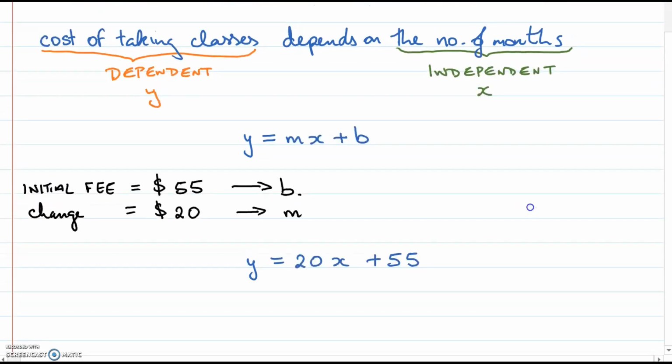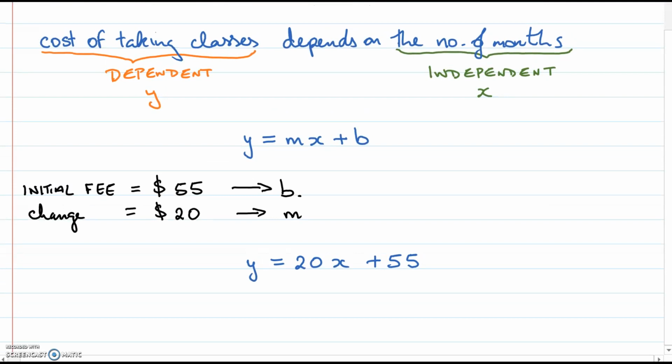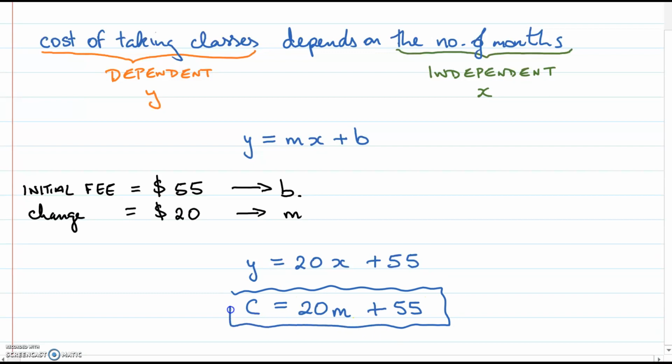Now if you want to use different variables, you can slip them in now. So y is the cost of taking classes, so we could say that c for cost is equal to 20 times x is the number of months. So we could put in m for months, or some people might put in t for time there. But we can put in m for months plus 55. Okay, so that's one nice way to write our equation.